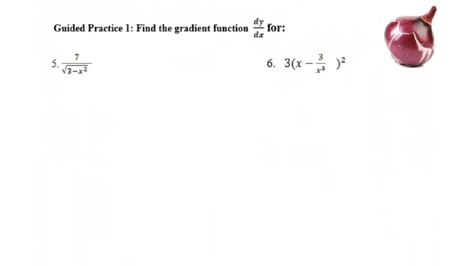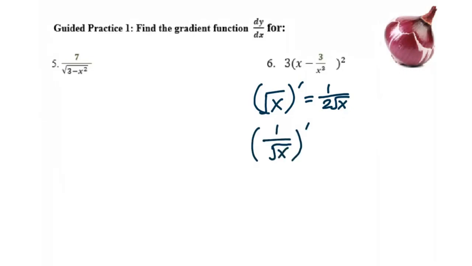Now let's go to number 5. When you see the square root of x pattern, you will get 1 over 2 square root of x. When you see 1 over square root of x, just remember you will get negative 1 over 2x square root of x.